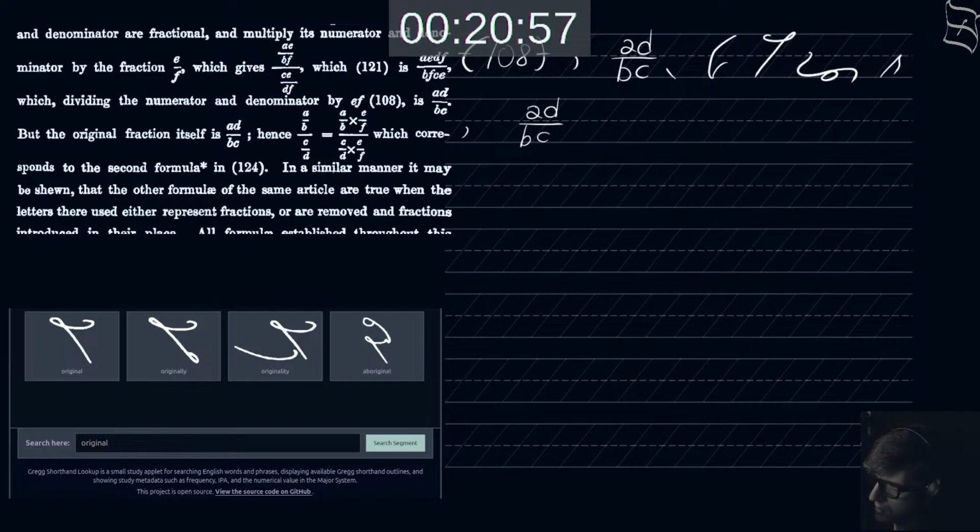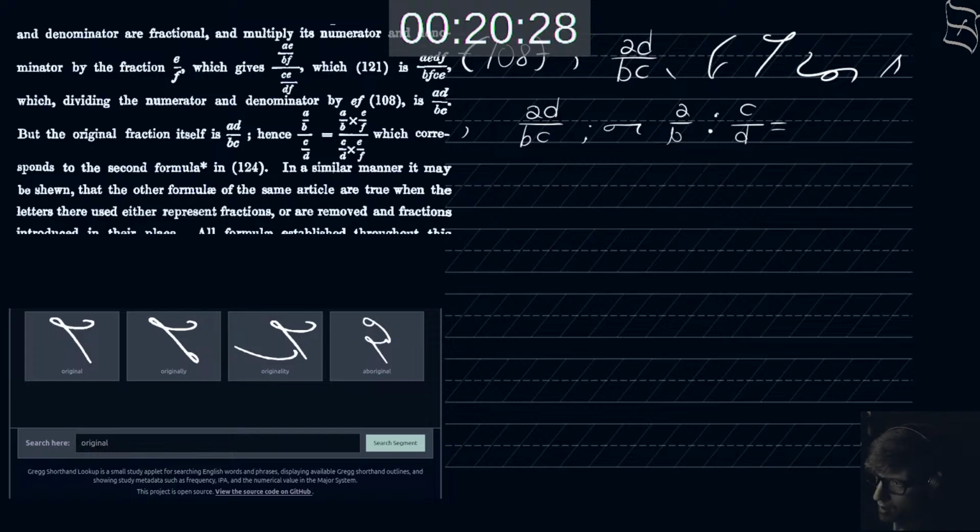Hence, so semicolon, hence, AB divided by CD is the equivalent to multiplying the value by a fraction.